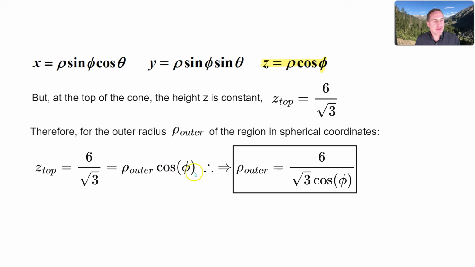So if we solve that via division, dividing by the cosine of phi, we have 6 over square root of 3 cosine phi. And if you remember on the previous slides, indeed that is the maximum value for the spherical radius. And so this is how we finish out our problem. We've done it in Cartesian coordinates, in cylindrical coordinates, and spherical coordinates.